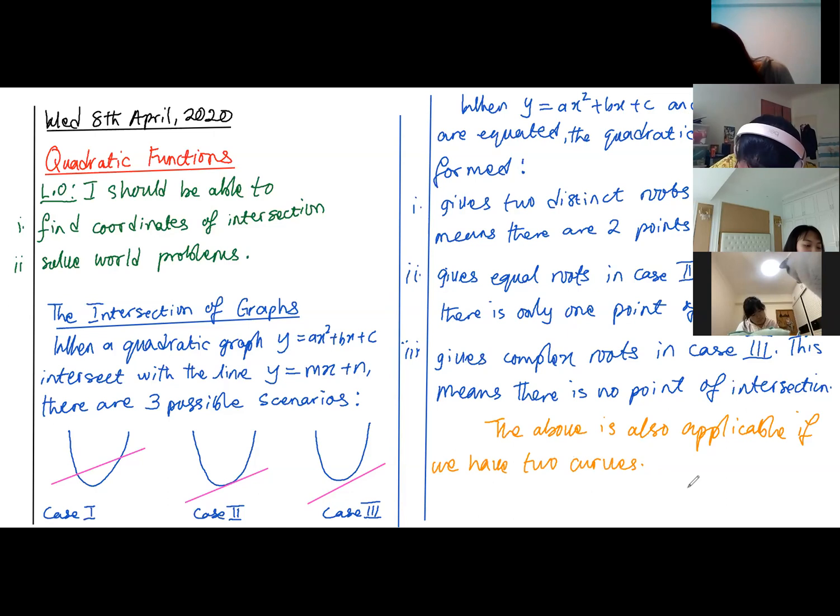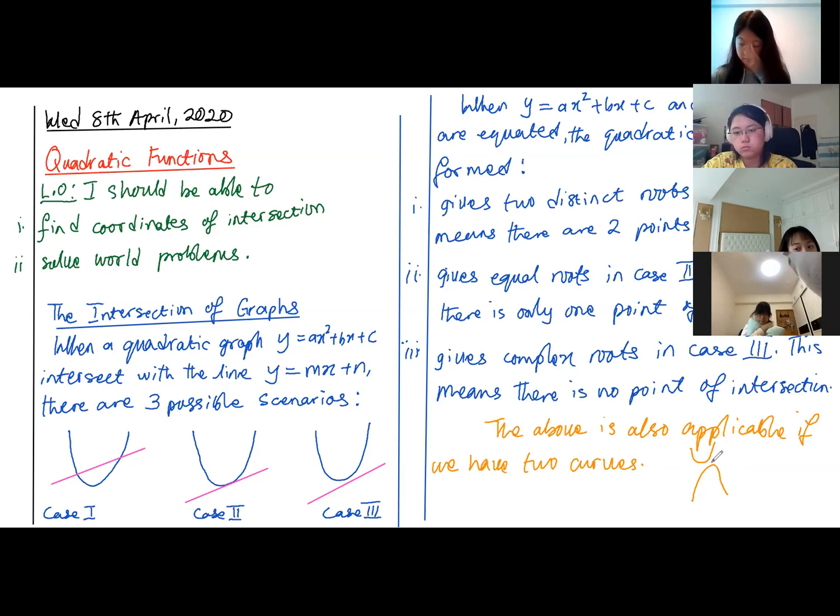Which means if you have a situation like this, and the other is like that, you see they never intersect, right? Can you see what I'm saying? They never intersect, so that's like this third case. So it means when you equate them, you end up getting a no solution problem.